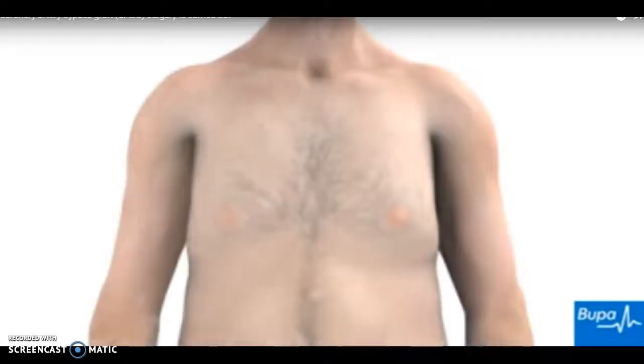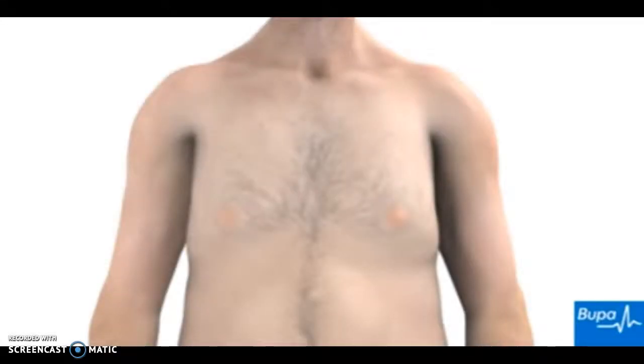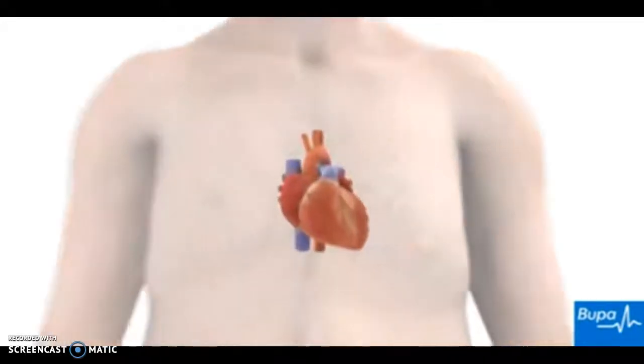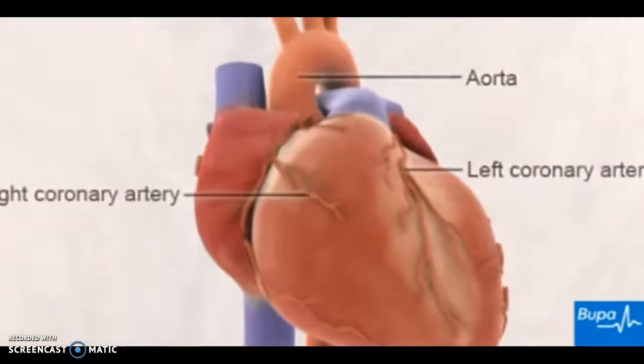We will show how a coronary artery bypass graft, or CABG, is used to treat coronary heart disease. Click the navigation arrows below the animation screen to play, pause, rewind, or fast forward the animation. The network of blood vessels that branch over the surface of the heart are called the coronary arteries.